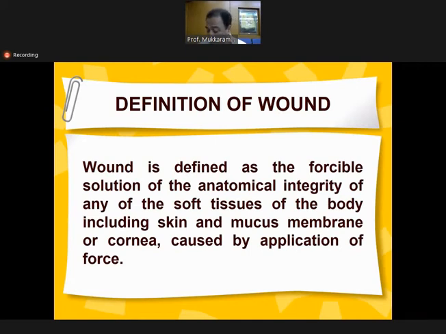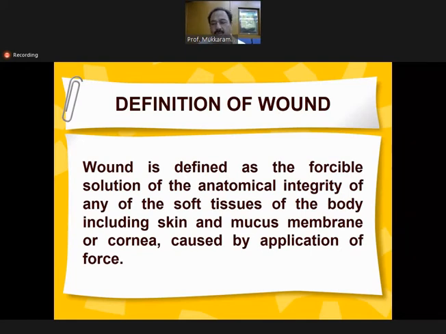So this is about the wound. But I tell you one thing, these wounds, these injuries are classified into two types. One is closed wounds, the other is open wounds.